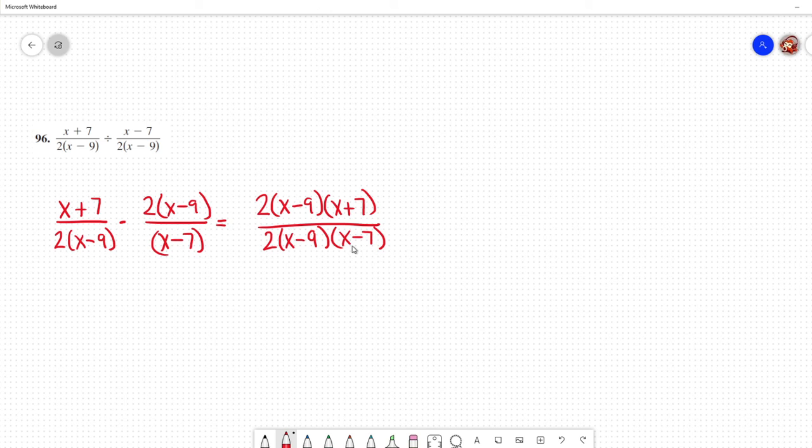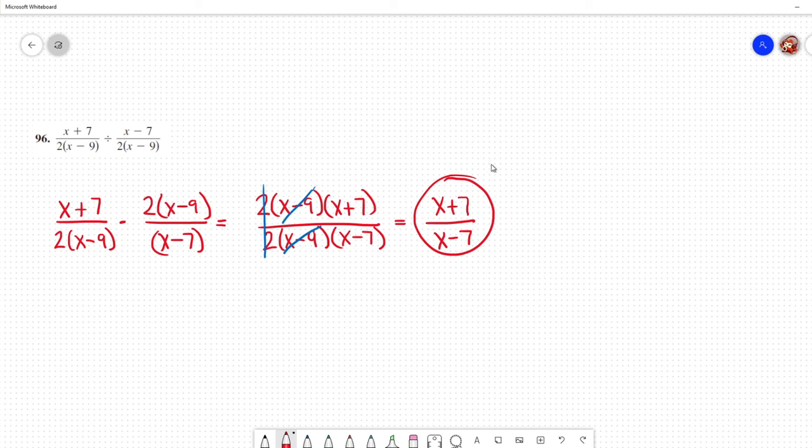There. I've done the multiplication. Now, things simplify. Yes, I see the 2's can cancel. X minus 9's can cancel. So what you're really left with is just x plus 7 over x minus 7.